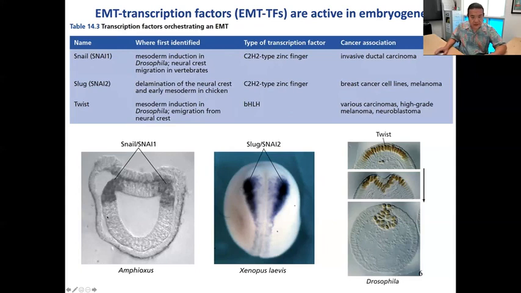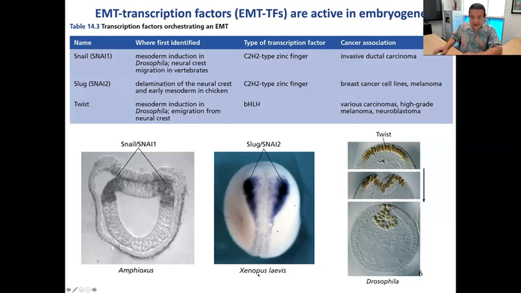So here in a cross-section of an Amphioxus embryo, Amphioxus is an invertebrate. I think it's like a lancet, a very small invertebrate. But in cross-section, you can see at this point in development, these cells on either side of this inner layer of embryonic cells are expressing high levels of snail. So those cells are moving around, changing their shape as part of forming the neural crest of the creature here.